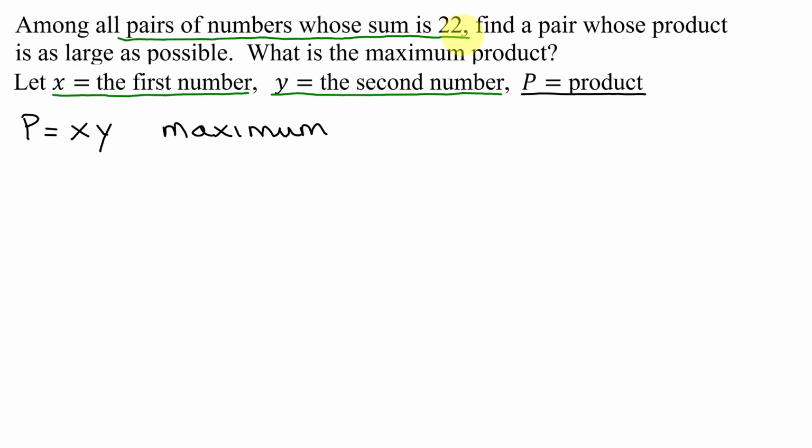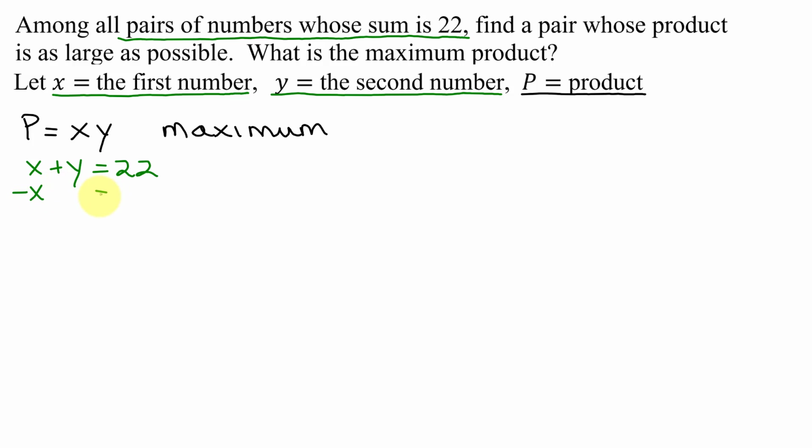Remember, sum means add, so I'm going to add the two numbers. So I have x plus y equals 22. Now I can solve this equation for x in terms of y or y in terms of x, but we're much more used to writing our functions in terms of x, so I'm going to solve this equation for y.